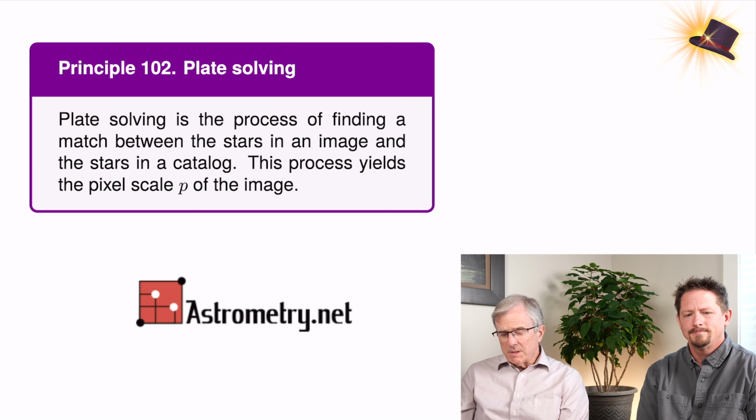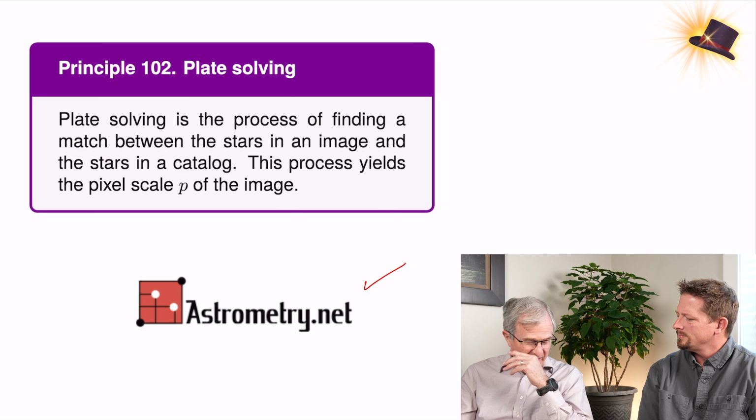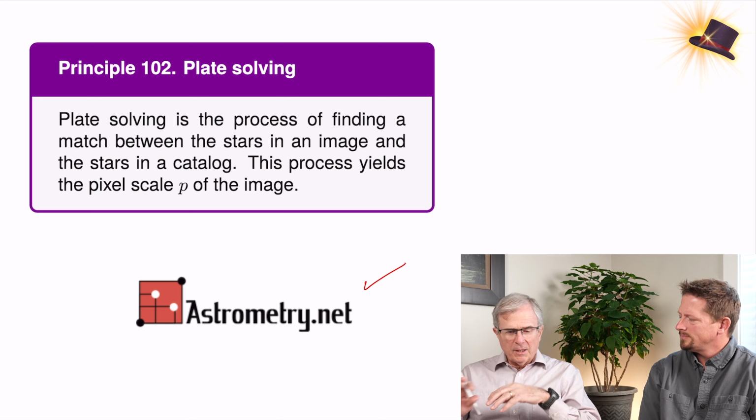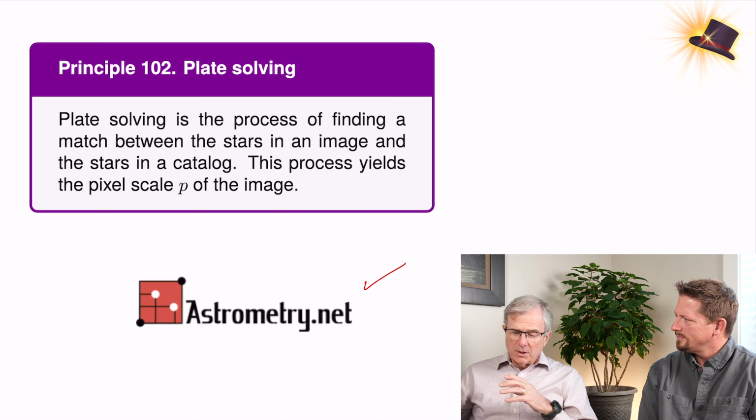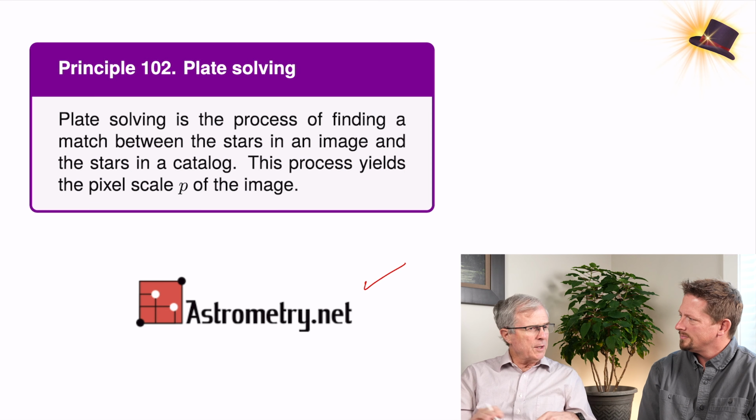These algorithms are completely amazing to me. For example, with astrometry.net you can take any old image, JPEG, FITS, PNG, and feed it in. You don't even have to tell it where it is in the sky, which hemisphere, what the size of it is, or anything.